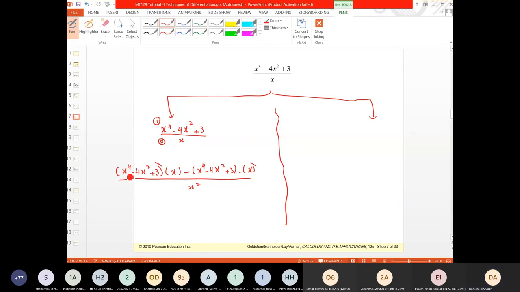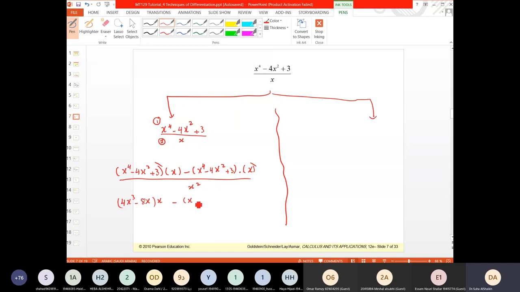Now what's the derivative of x^4 minus 4x squared plus 3? It's 4x cubed minus 8x, of course multiplied by the x that I have outside.